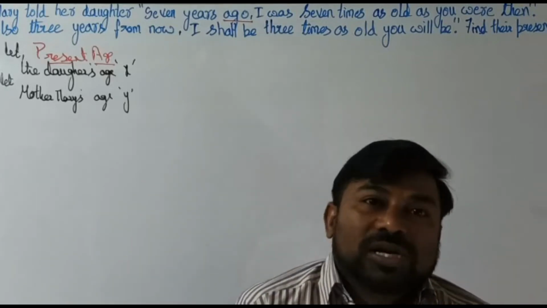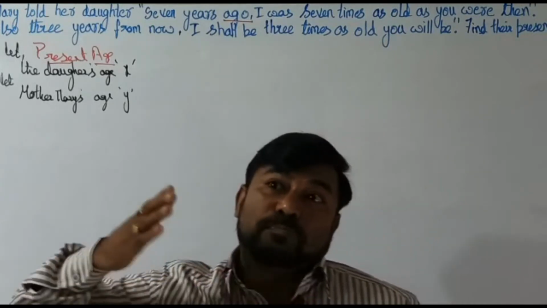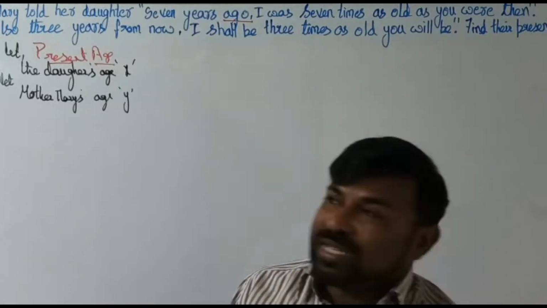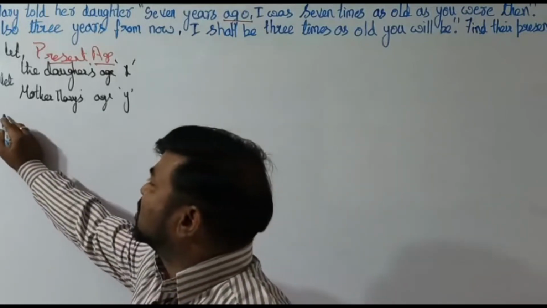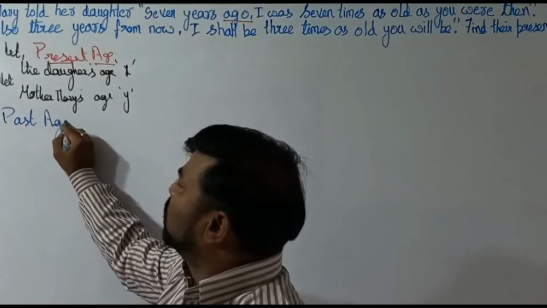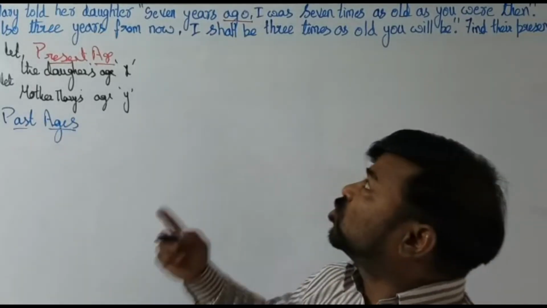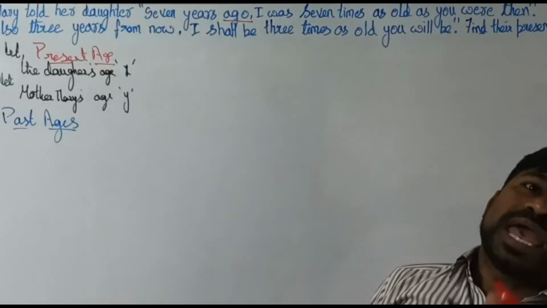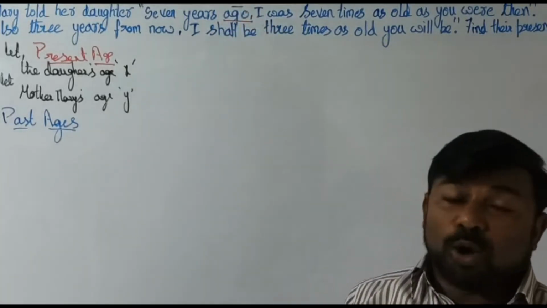If you check, he has given the relation in terms of past and future. So let's go with that. Let's discuss the past ages. What he is talking about is 7 years ago. You have to remember the word ago always means minus.